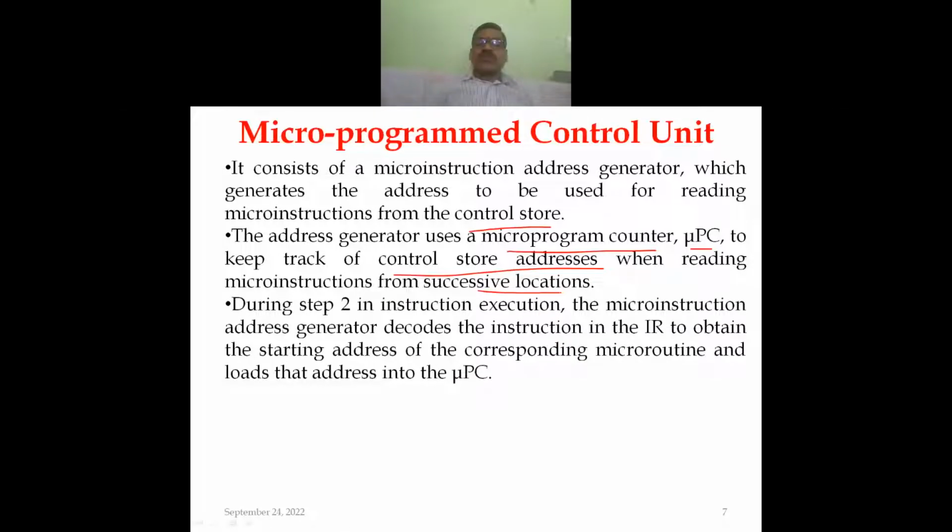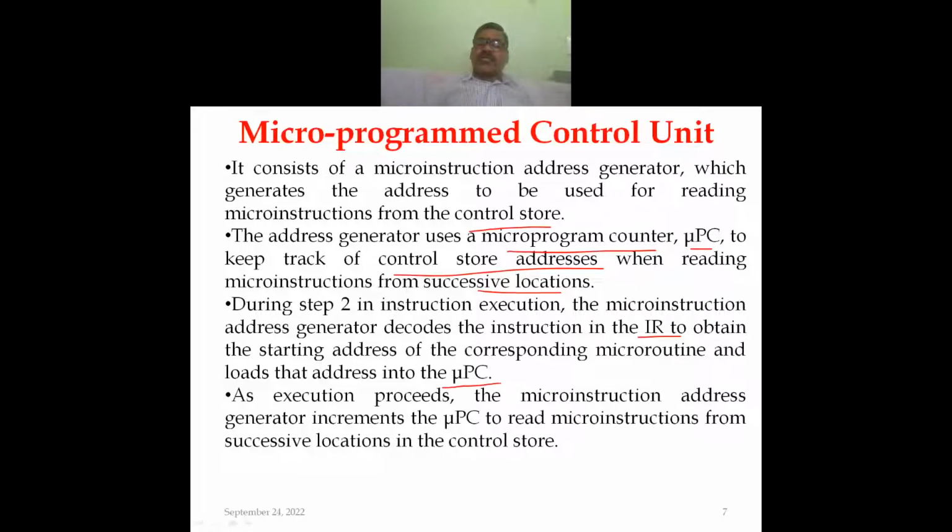During step 2 in instruction execution, the address generator decodes the instruction in IR to obtain the starting address of the corresponding microroutine and loads that address into the micro PC.